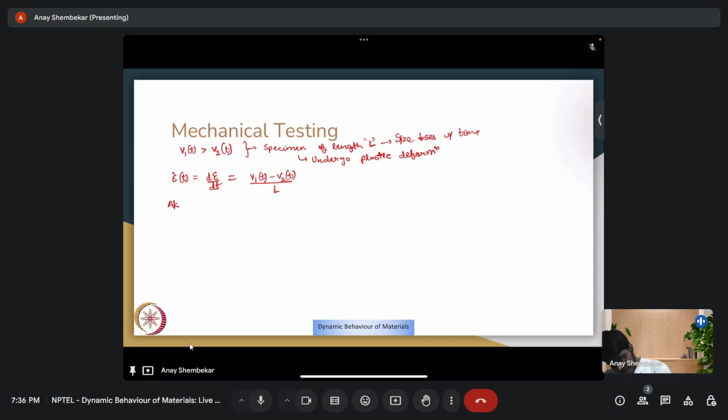Also, for a bar, we have sigma equal to E epsilon, and sigma is nothing but rho u c, c being the speed of sound in that medium.